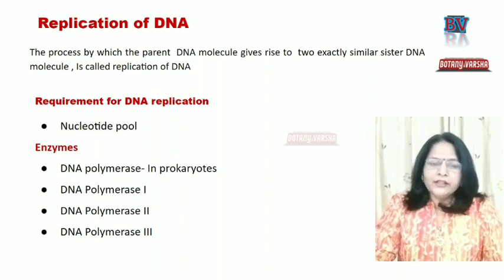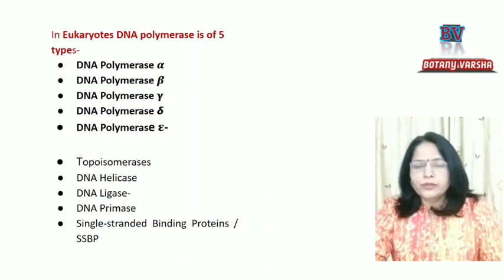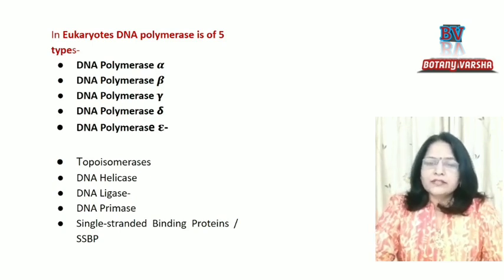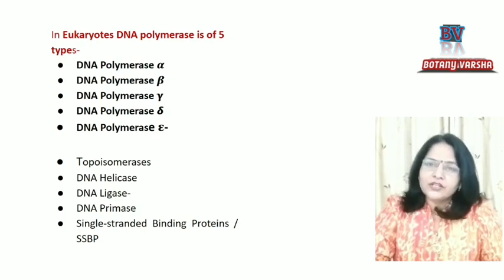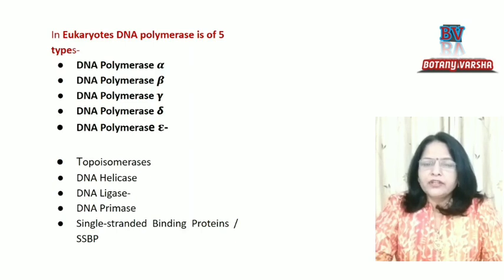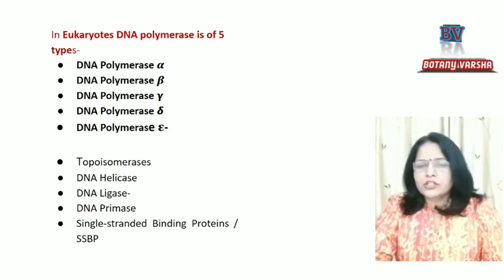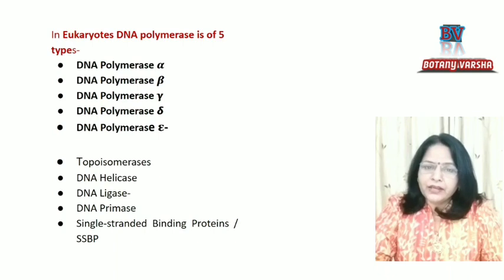And in the eukaryotic cell, DNA polymerase is of 5 types. DNA polymerase alpha is responsible for primer formation and initiation. DNA polymerase beta is responsible for DNA repairing.